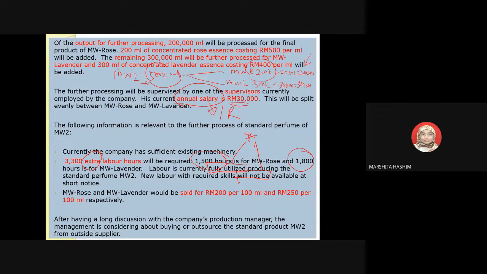So hopefully you still remember. Okay, first lecture for topic 4, for this topic, I already explained conditions for labor, relevant cost for labor. Okay, when you are in full capacity, overtime is not allowed, and you cannot recruit new labor, so you must consider opportunity cost.